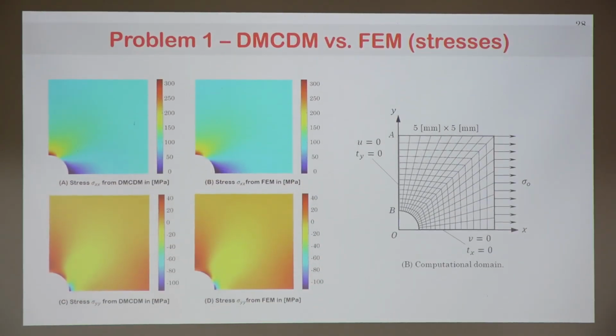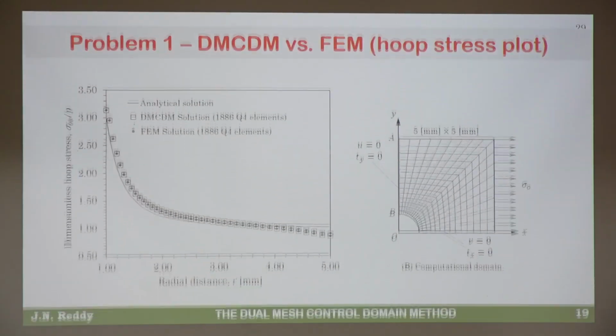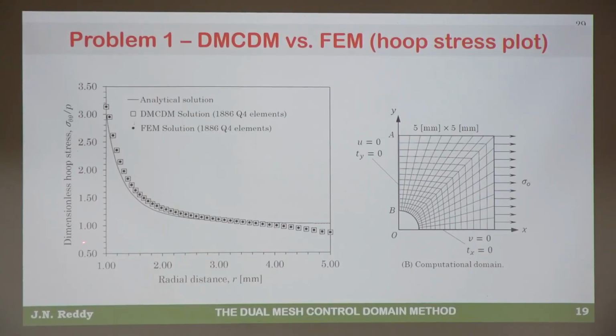And this is for the stresses, very similar, very good comparison graphically. But here are the results. Okay, so you can see the dimensionless hoop stress. Here both finite elements and dual mesh give exactly the same solution. Okay, so remember that. You might say, oh, then what is the benefit of using dual mesh?